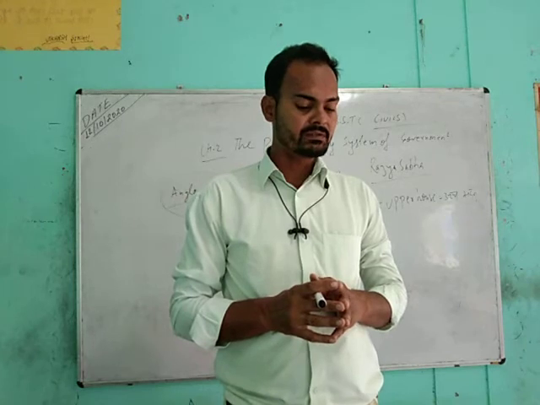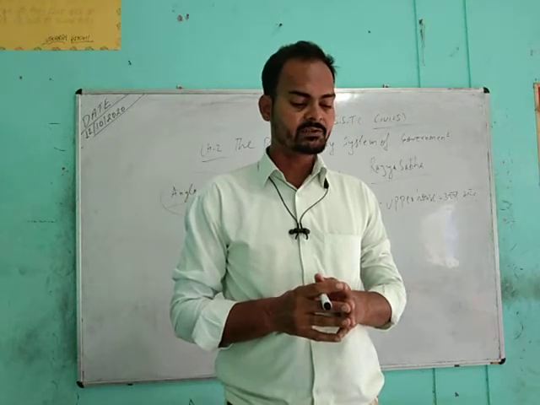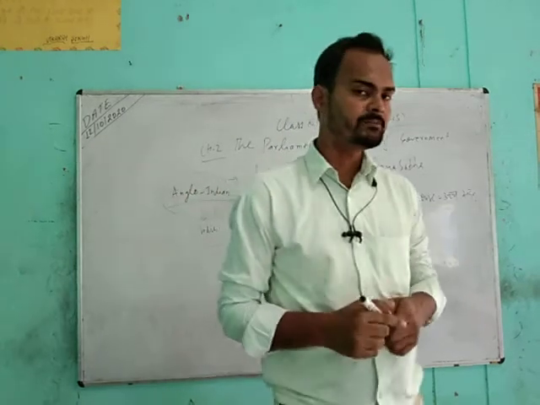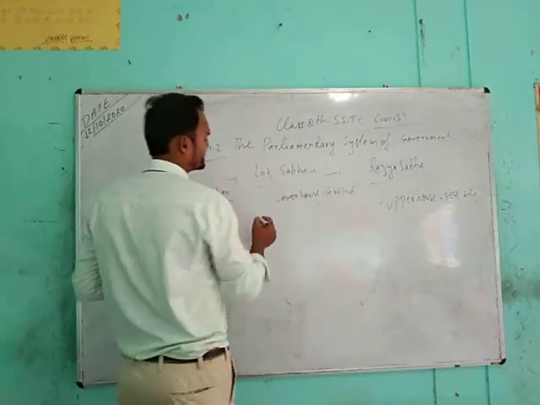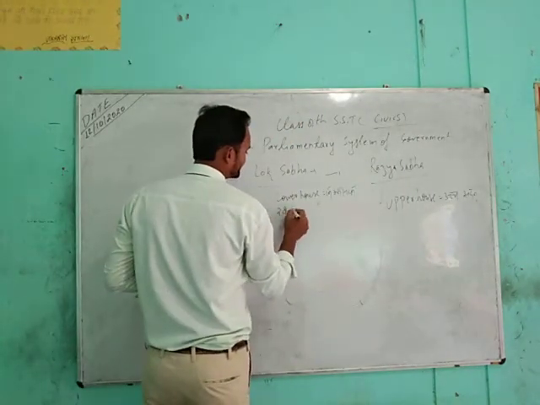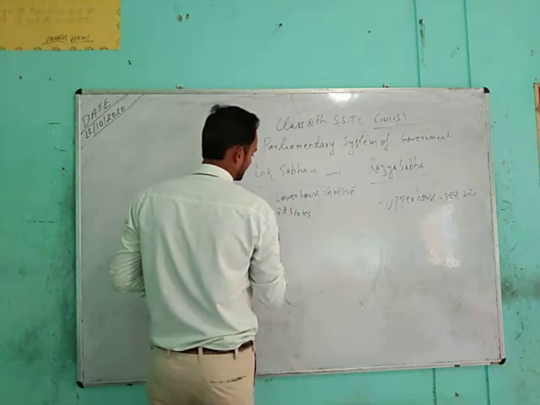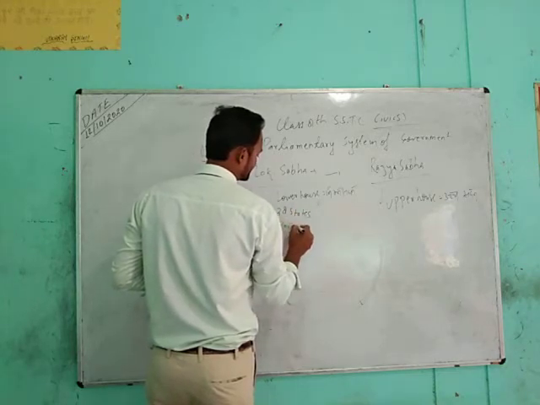The number of members that can represent the constituent states is 530. So as we know, there are 28 states and 9 union territories.